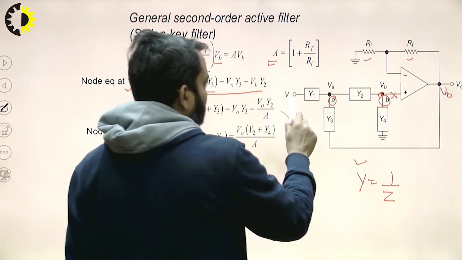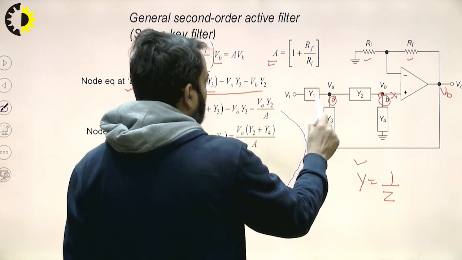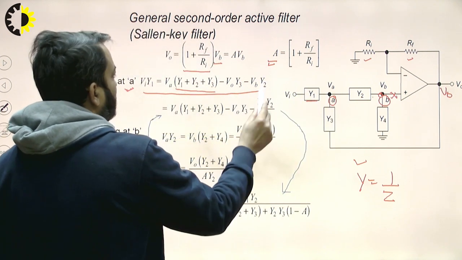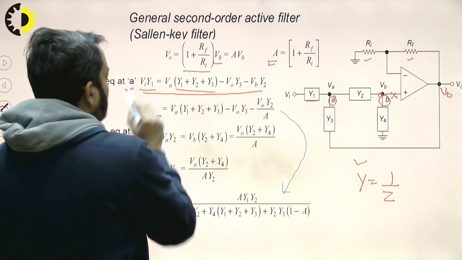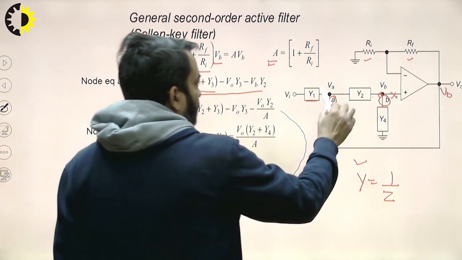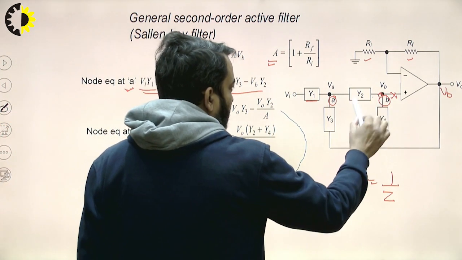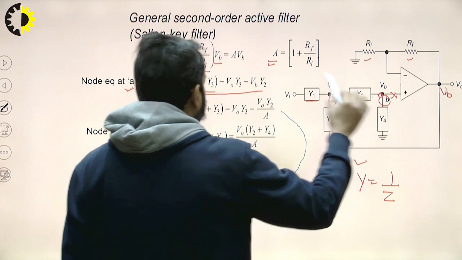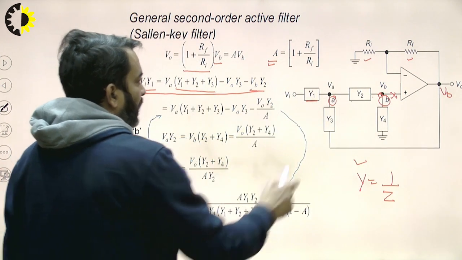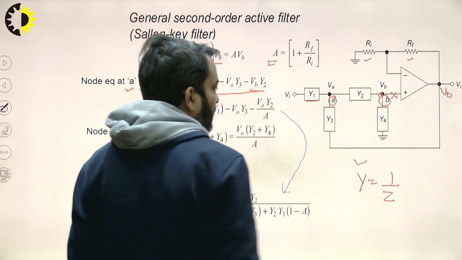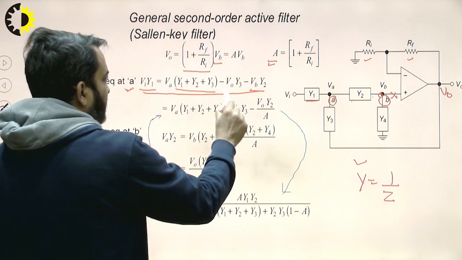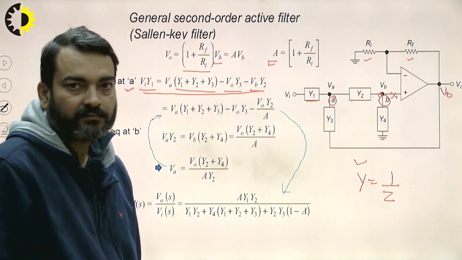And VI is connected to VA through Y1, so VI Y1. VA is connected to VB through Y2, so VB Y2. And VA is connected to output V0 through Y3, so V0 Y3.